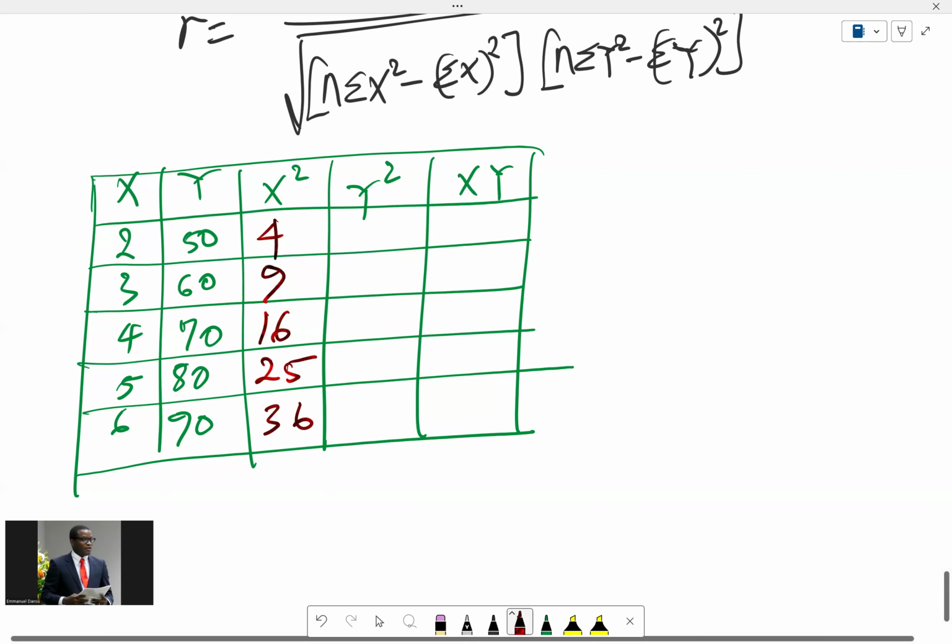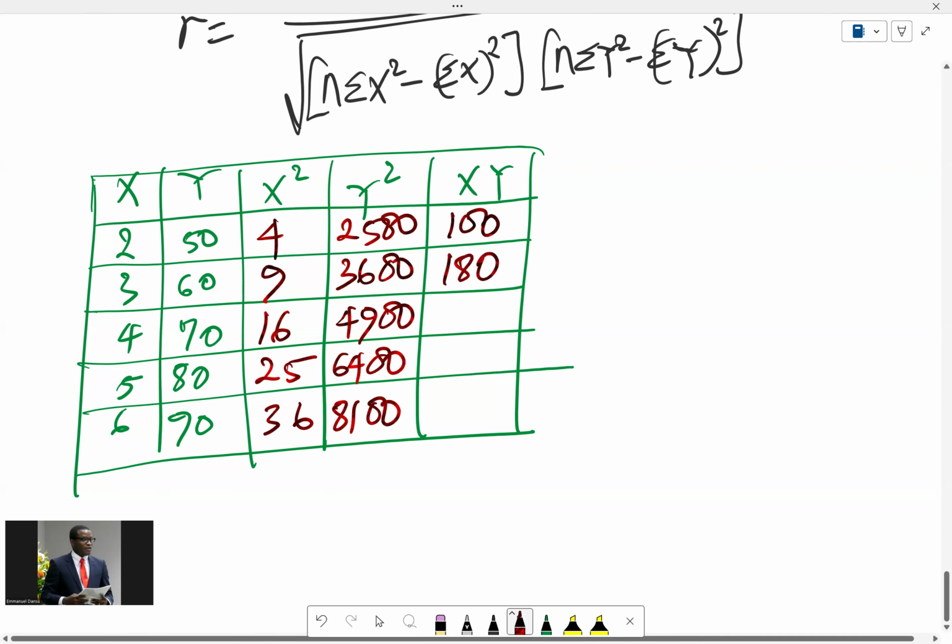Y squared is 2500, 3600, 4900 for 70, 80 that's 6400, 90 is 8100. And for the XY, 2 times 50 is 100, 3 times 60 is 180, 4 times 70 is 280, 5 times 80 is 400, 6 times 90 is 540. So those are the things we need.